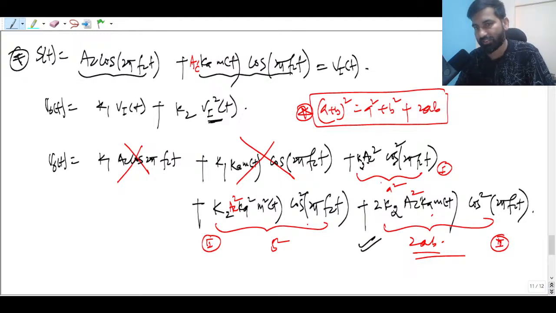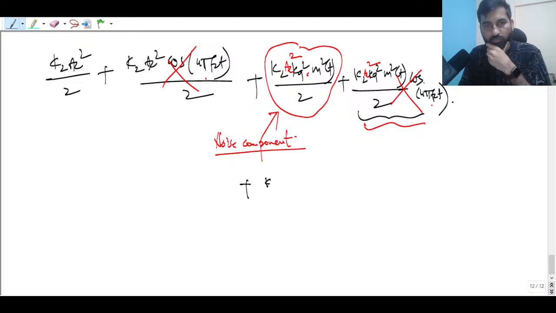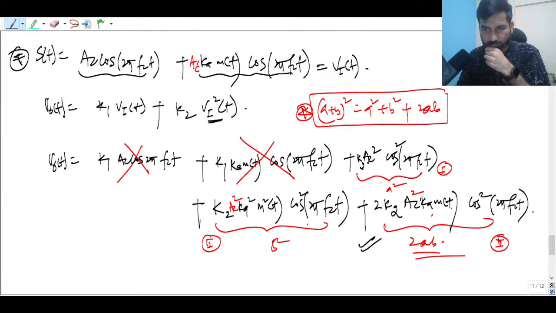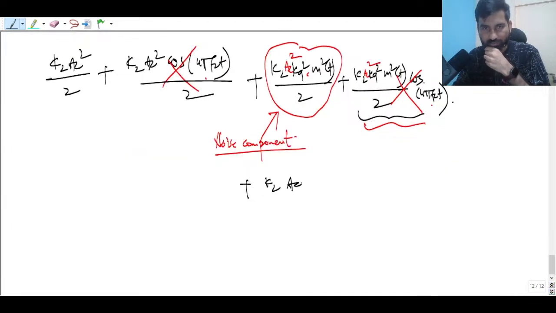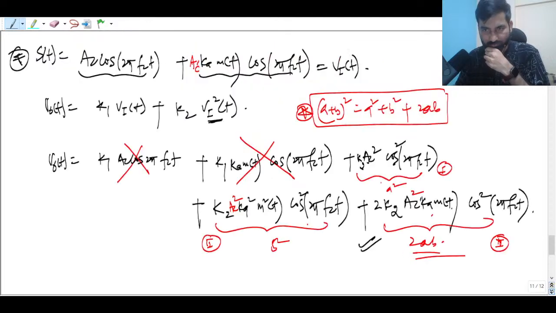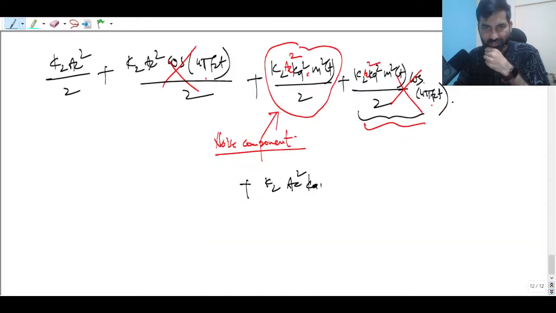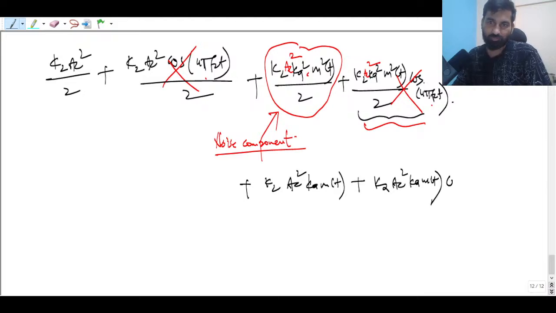So you can say that you will get k2 AC square k mt because 2 is already present, k2 AC square k mt, okay, plus k2 AC square k mt cosine 4 pi fct, right.